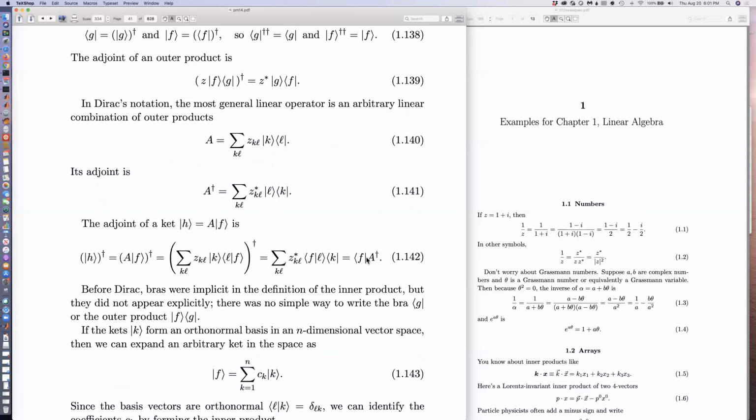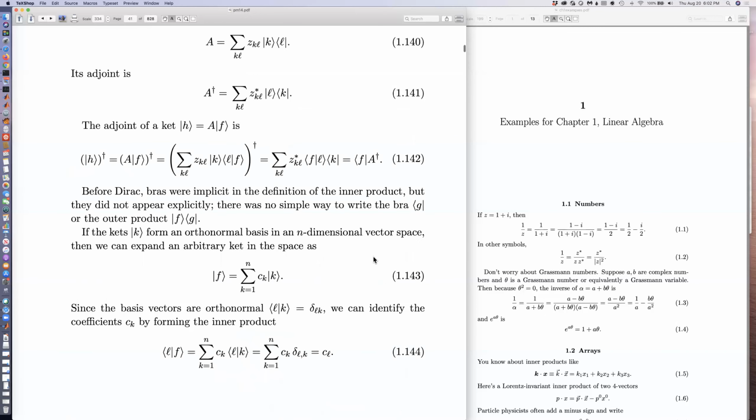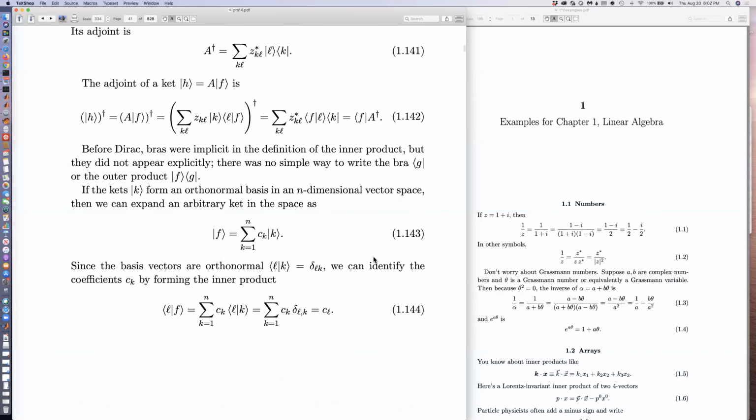And then comparing this with that, we see this is F A adjoint. So the adjoint of A F is F A adjoint, or the adjoint of A times the ket F is the bra F times A adjoint. Before Dirac, this was much harder.